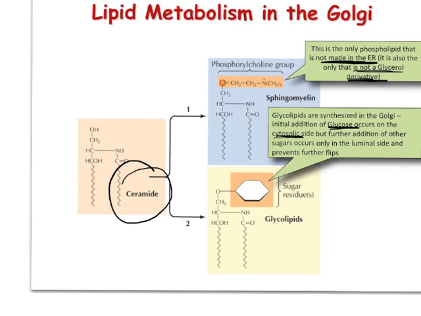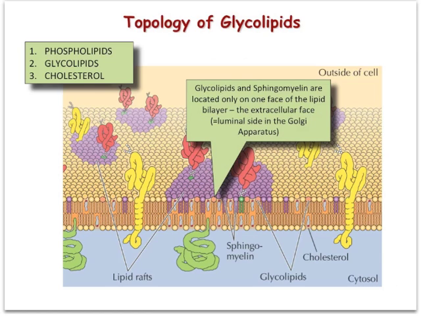And the resulting effect of this is that glycolipids are located only facing the luminal side of the Golgi, and later on, as the secretory pathway progresses, they end up facing the extracellular side of the plasma membrane. And this is an important characteristic that you should remember from this moment on.